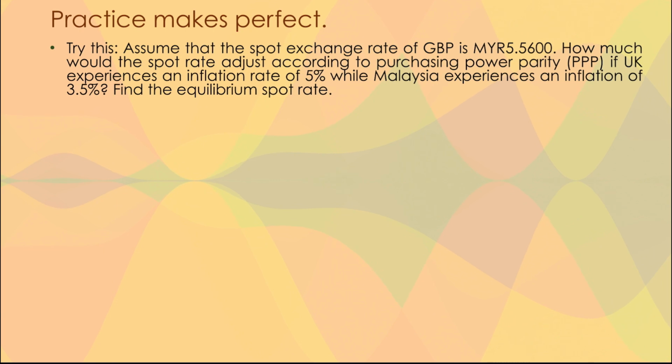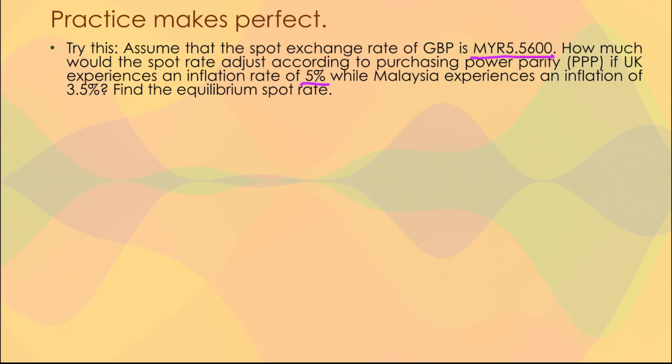Next, let's try this. Assume that the spot exchange rate of GBP is 5.5600. This one is the spot rate. How much would the spot rate adjust according to purchasing power parity if the UK experiences an inflation rate of 5%?